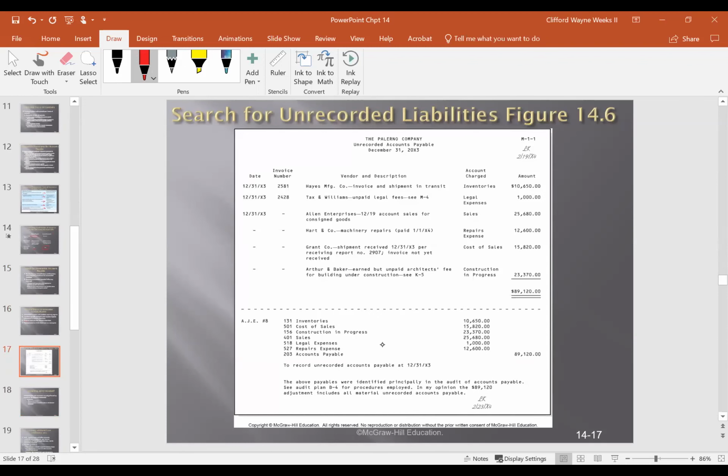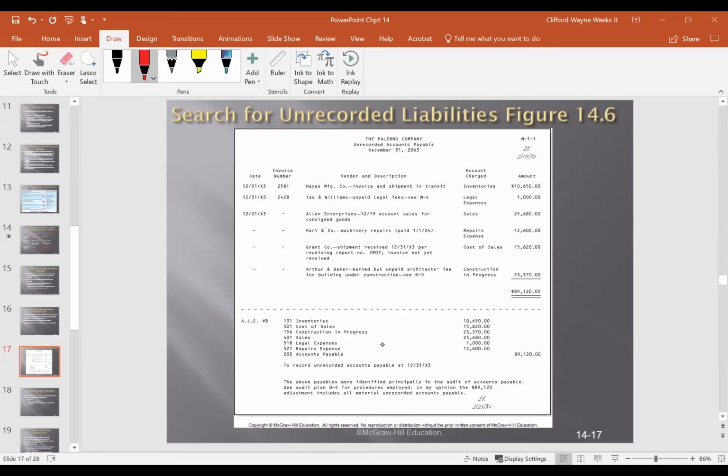And here's an example of a worksheet for unrecorded accounts payable. Again, these are going to look different for whatever firm you work for, but really we're just making sure that we're testing.